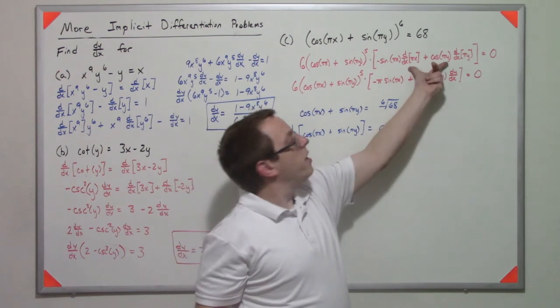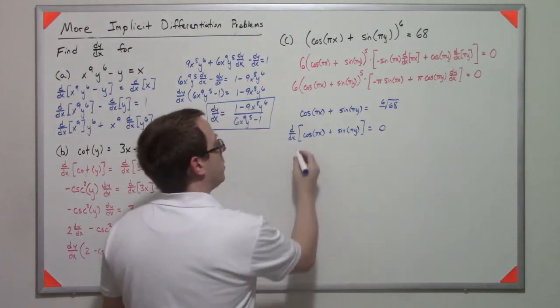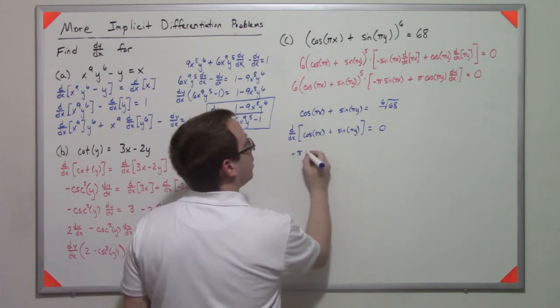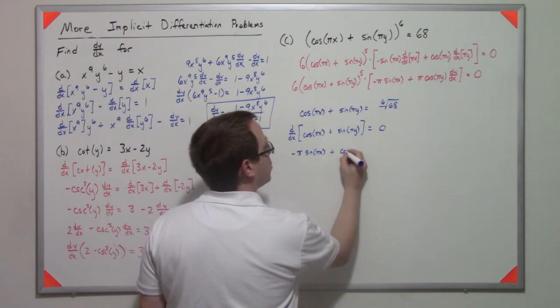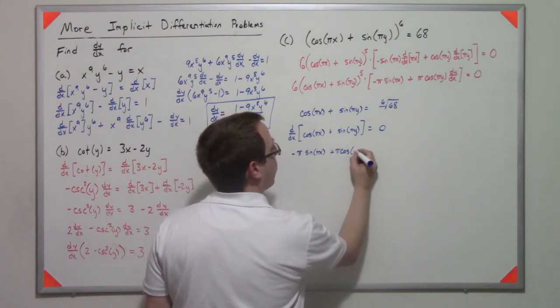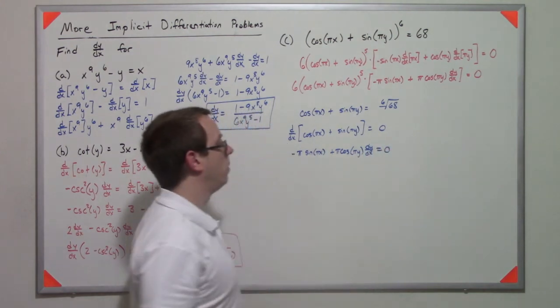And looky here, we already found that derivative, right? It's literally just this thing. So it's negative pi sine pi x plus pi cosine pi y dy dx equals 0.